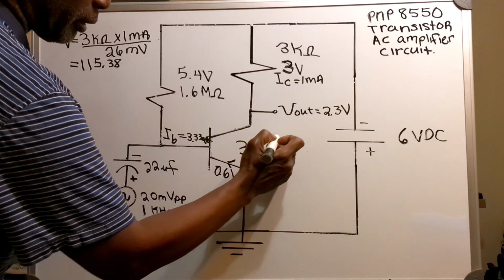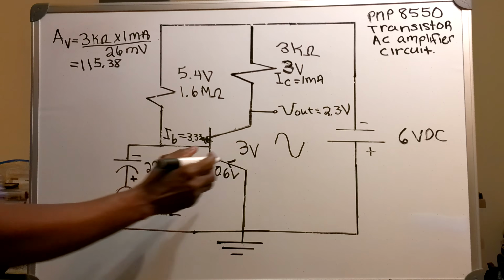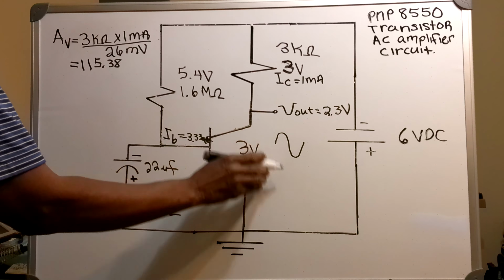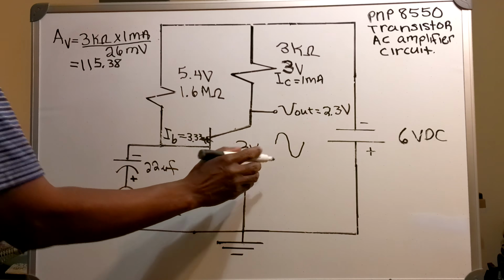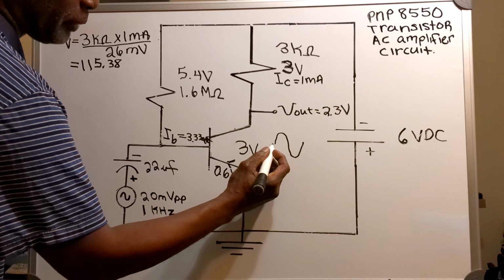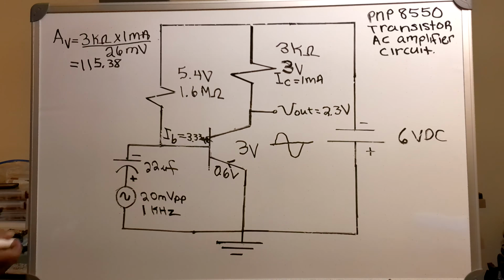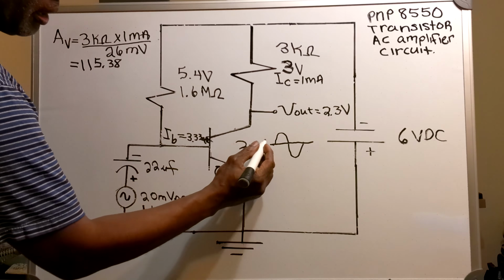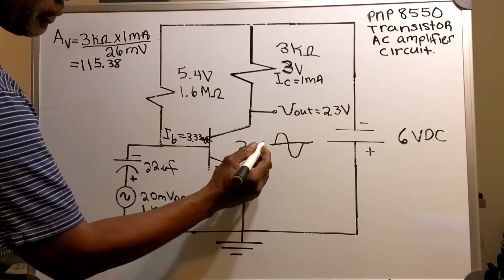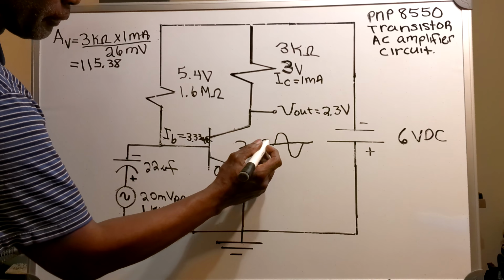So my signal on the output will look like this. And the peak-to-peak voltage will be 2.3 volts. And you have something else going on here. The signal has been raised up 3 volts.